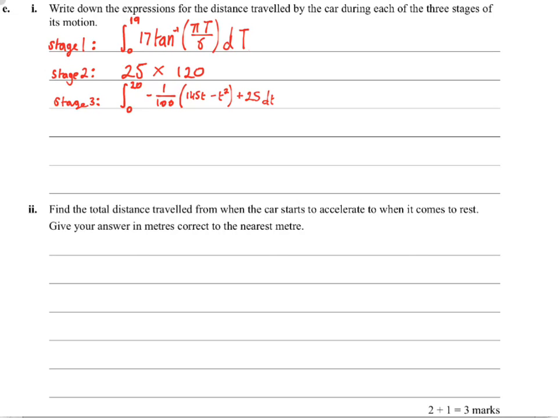Again, it's an integral of the velocity function to get distance travelled, for t from 0 up to 20 seconds until it comes to rest. So that's the distance travelled for stage 1, stage 2, and stage 3. Each part is a distance, the integral of a velocity.